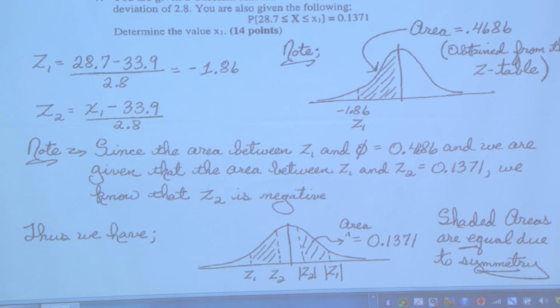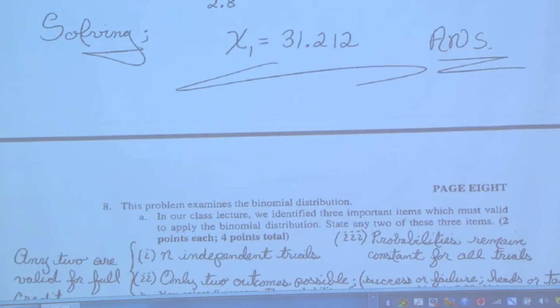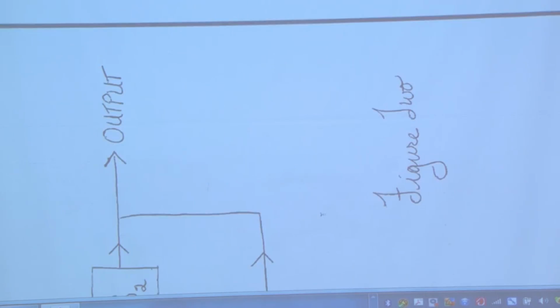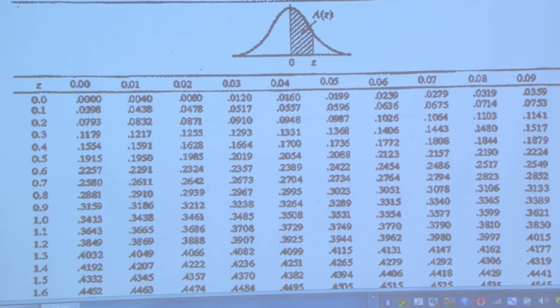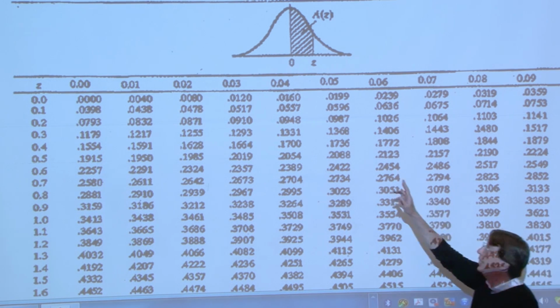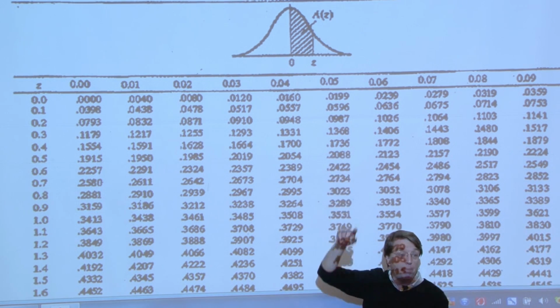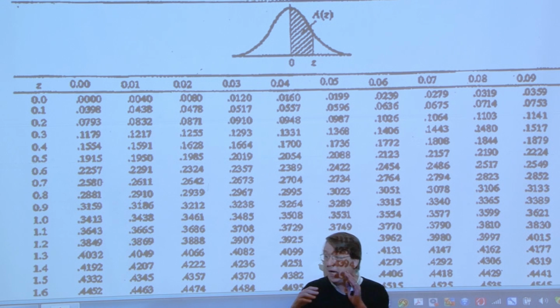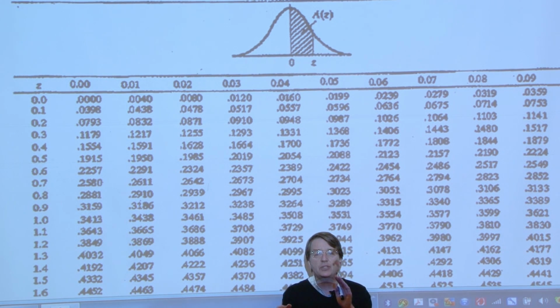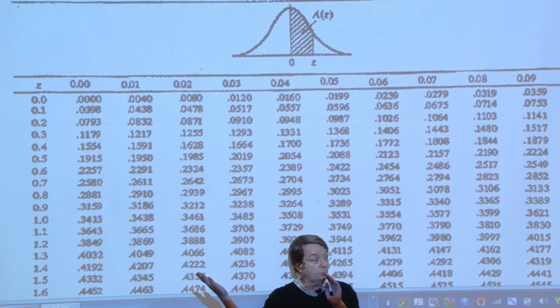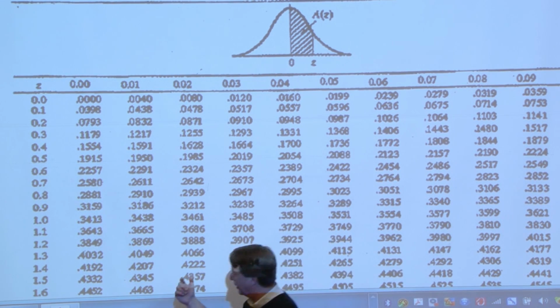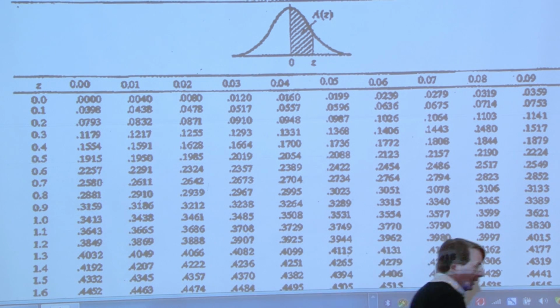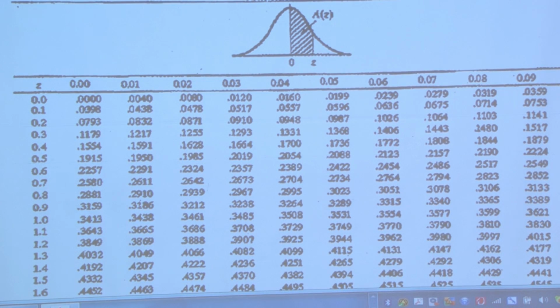On the Gaussian table, which is in our notes here, remember, it's a single-sided table. Only goes positive. But because of symmetry, the area from minus 1.86 to 0 is the same as the area from 0 to 1.86. So find 1.86 here. Got to slide down a little further. Find 1.86.